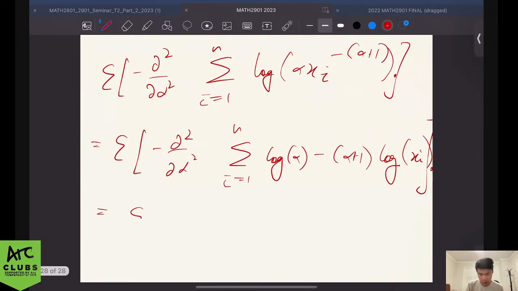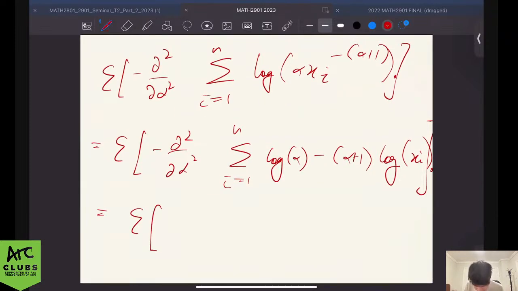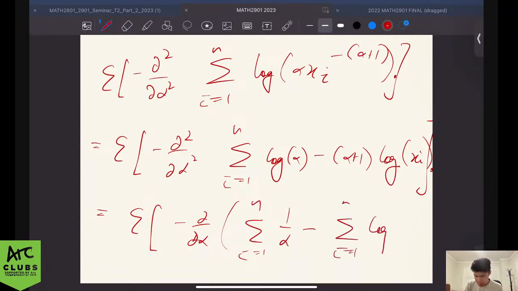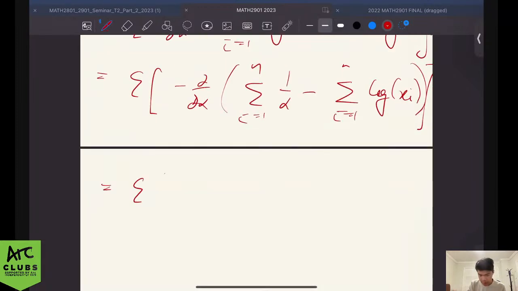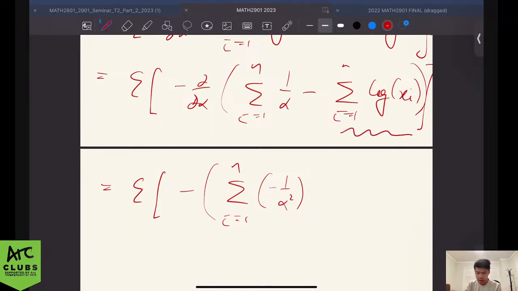So first derivative is this, second derivative is this, so minus 1 on alpha squared, and this is not dependent on alpha, so it disappears.